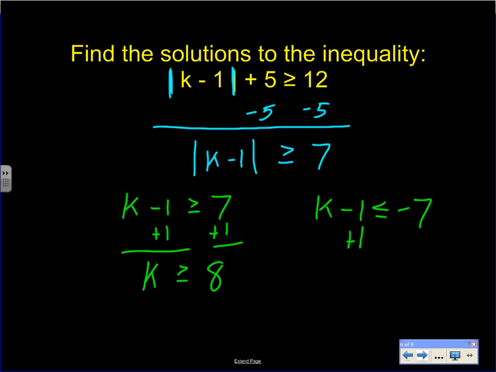On the right, add 1 to both sides of the inequality. So K is less than or equal to negative 6. K has to be greater than 8. It also can be less than negative 6. This one's an or compound inequality.